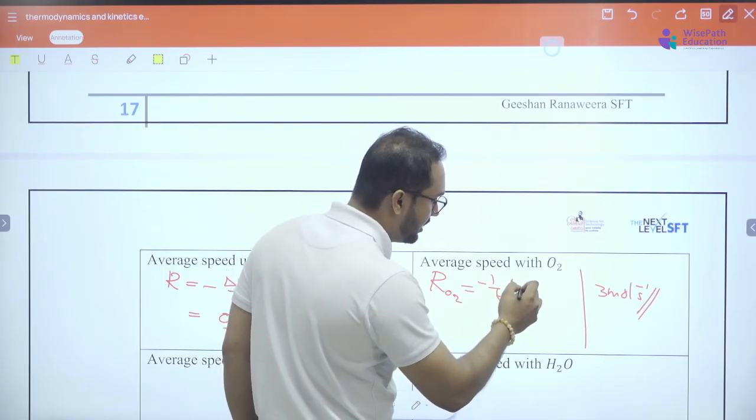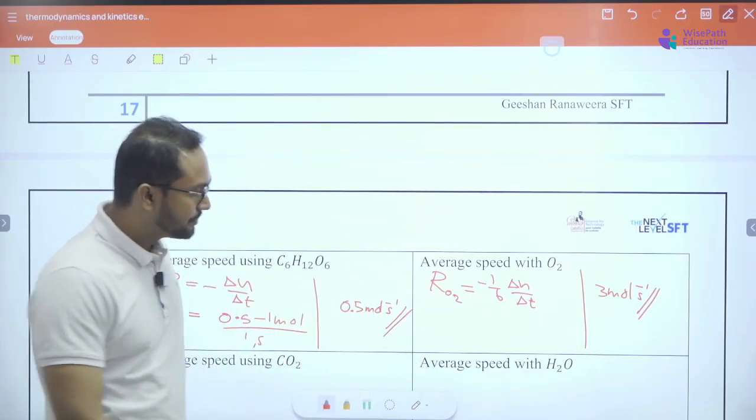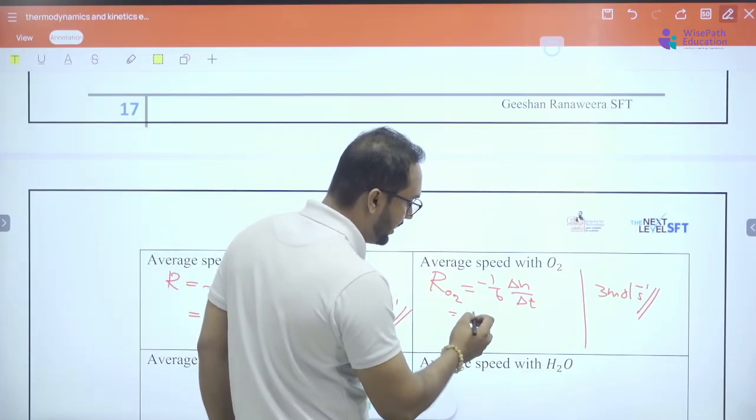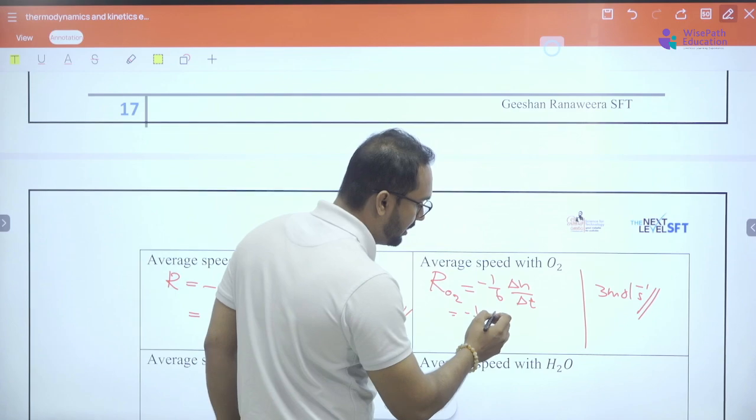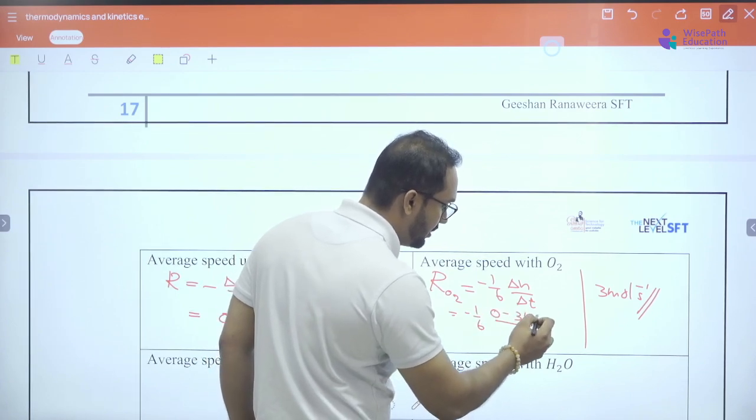Minus 1/6 delta n over delta t is the formula we have to use. So minus 1/6 times 0 minus 3 over 1 second.